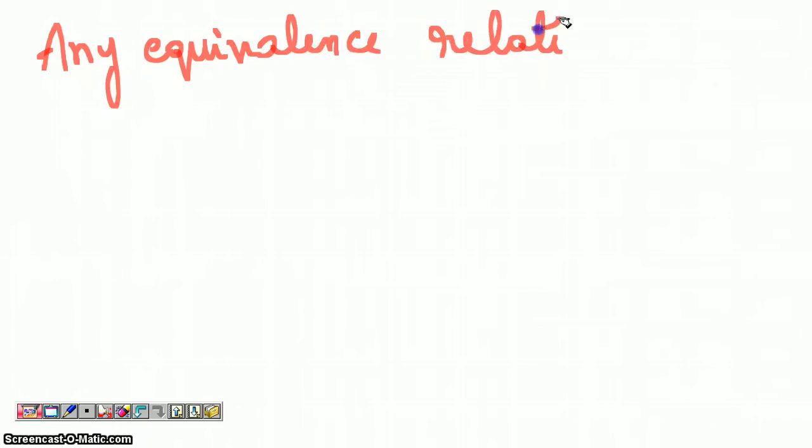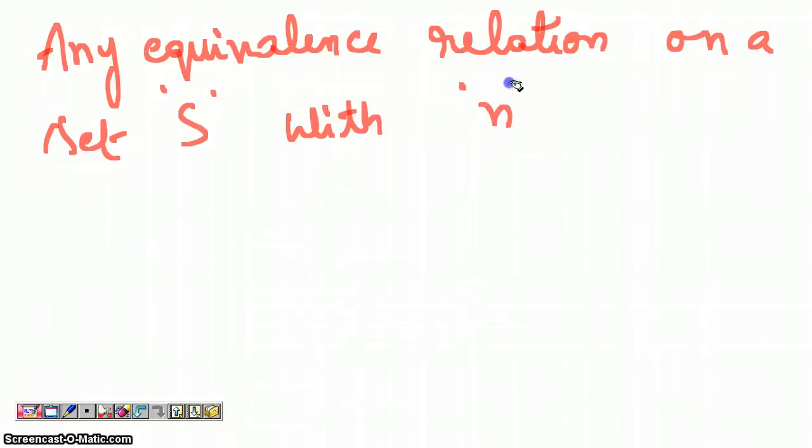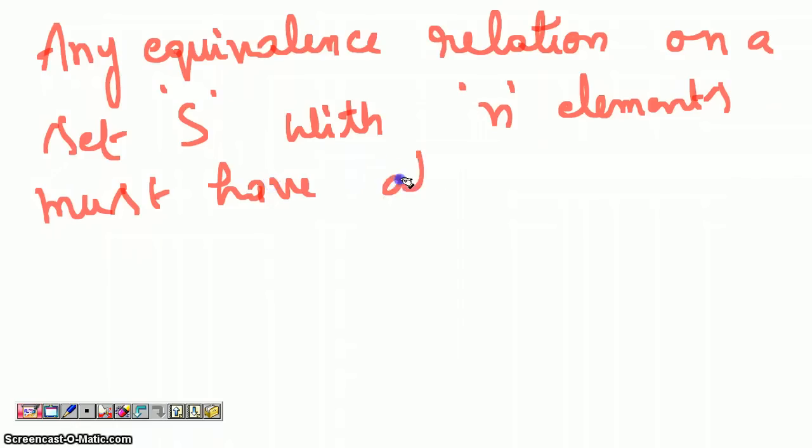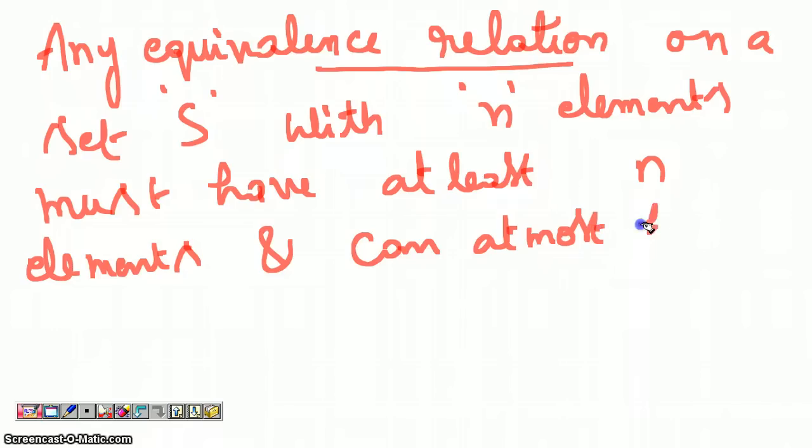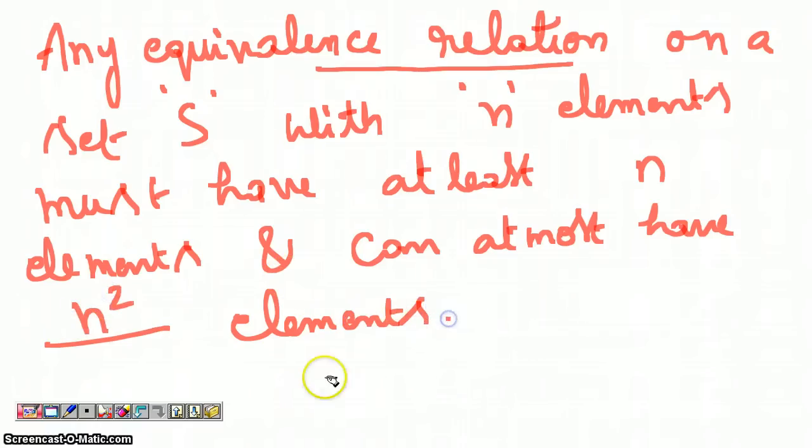So let us conclude that any equivalence relation on a set S with n elements must have at least n elements, and can at most have n square elements, because it can be the whole set.